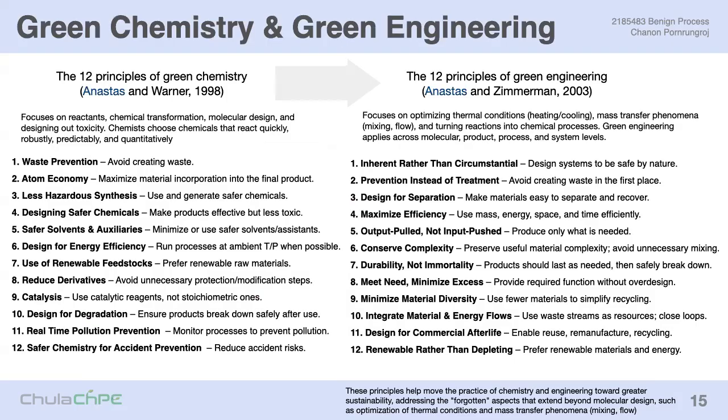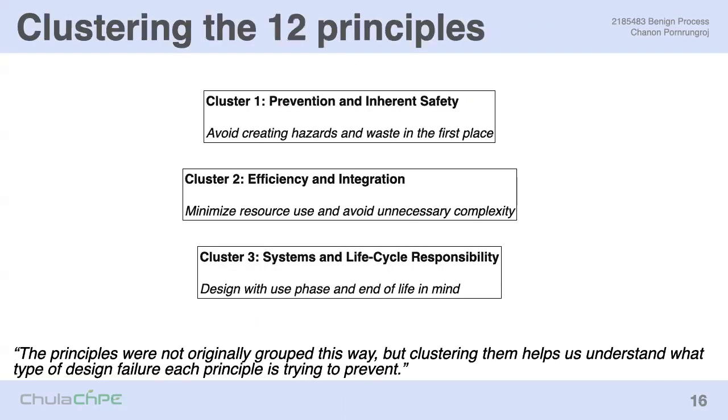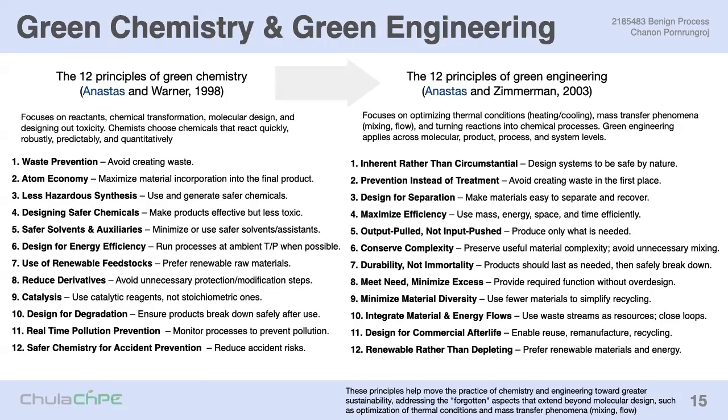Let's look at the 12 principles of green engineering. But before that, I have to start with the 12 principles of green chemistry, since this was created first. So you have the system A plus B equals C. In terms of reactions, chemists also think about waste prevention.